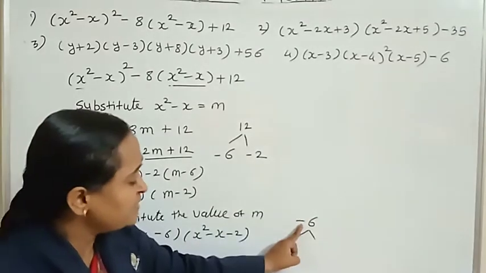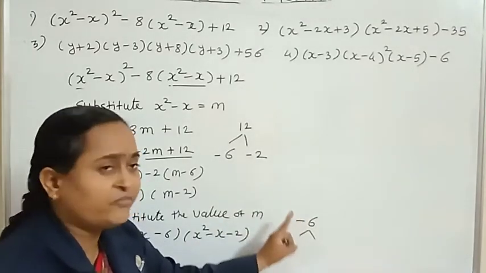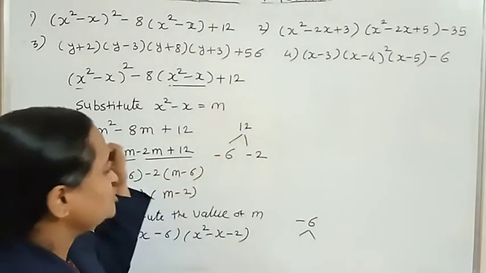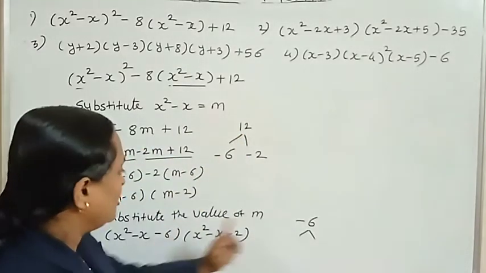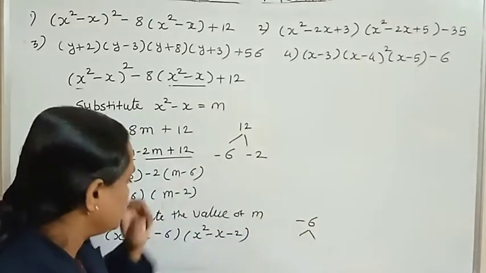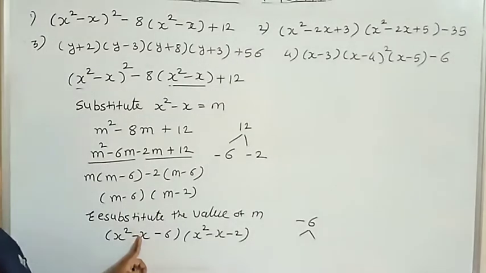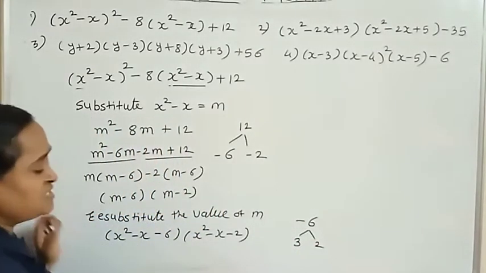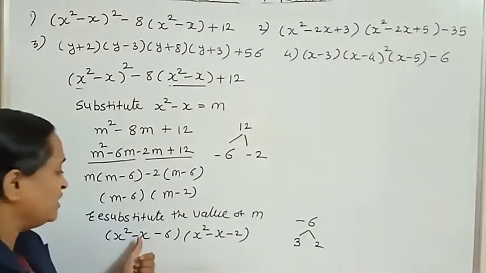If a negative sign is there, you have to see that the difference should be the middle number. If the third term is positive, then the addition should be the middle number. Here the third term is negative, so we want two numbers whose multiplication is 6 and difference is 1. The two numbers are 3 and 2. 3 twos are 6 and the difference of 3 and 2 is 1.